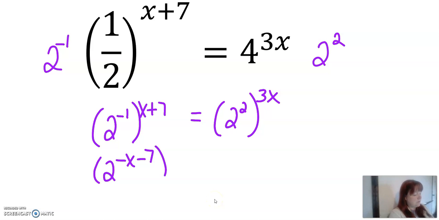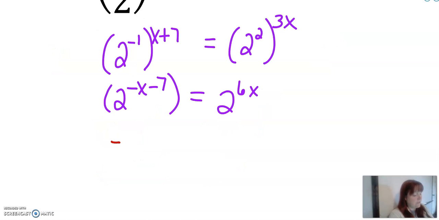Okay, so 2 to the -x minus 7 equals, and now I multiply these two together, and I get 2 to the 6x. Now I have a common base of 2, so I can just set their exponents equal to each other. So I can have -x minus 7 equals 6x.